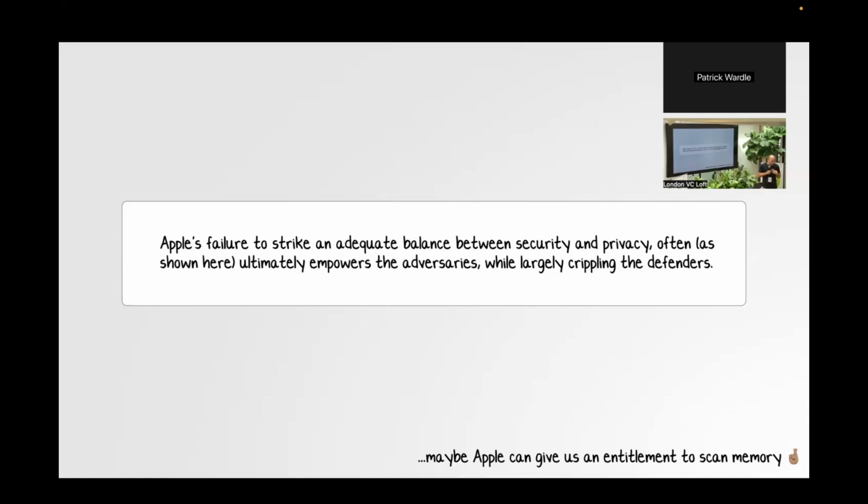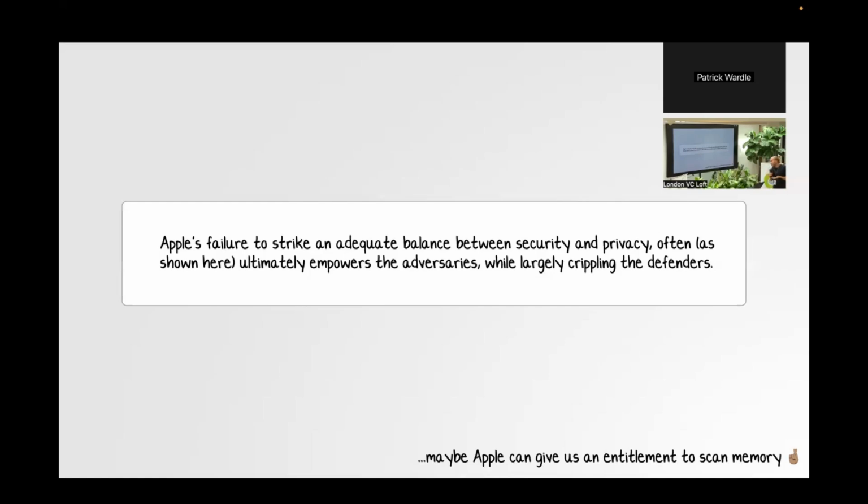I'm an Apple fanboy, and one of the reasons is because I know data on my iPhone and my Mac is not being sucked up for advertising, and it's generally secure. But unfortunately, I think Apple sometimes takes that a little bit too far. And as I mentioned, there are times when security and privacy are at opposite ends of the spectrum. And by going all the way to one end of that spectrum and selecting essentially just privacy, it can have real problematic effects that, again, advanced adversaries are able to exploit.